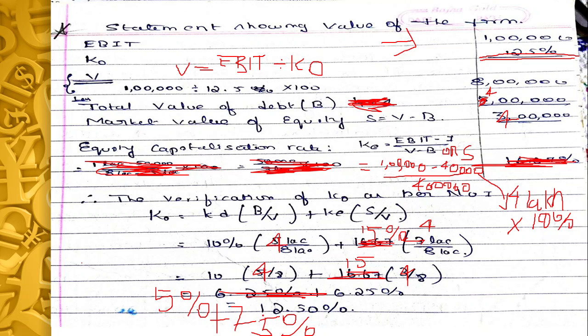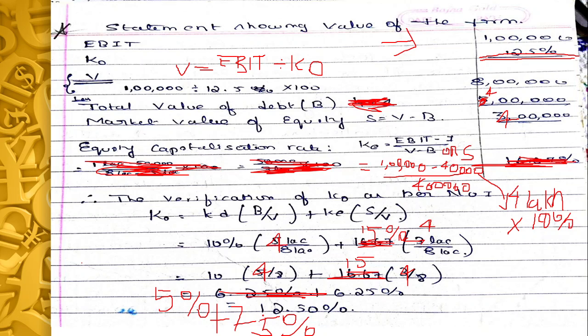Now, what are the things that you will have to give under this particular question? Is there any working note necessary? Why? Because according to the formula we have done, we haven't assumed anything here.